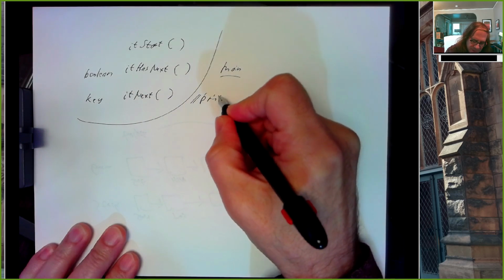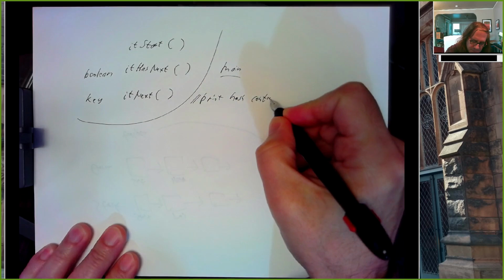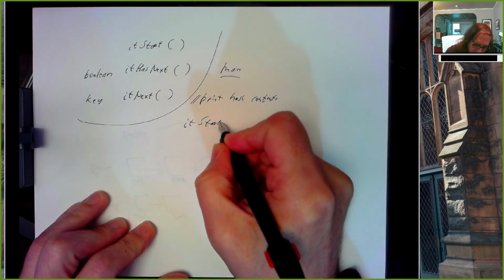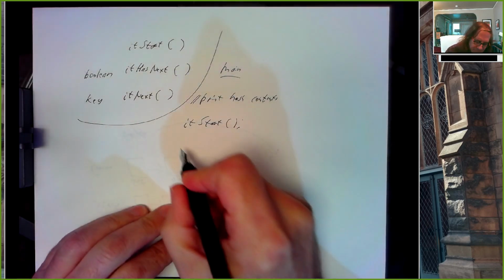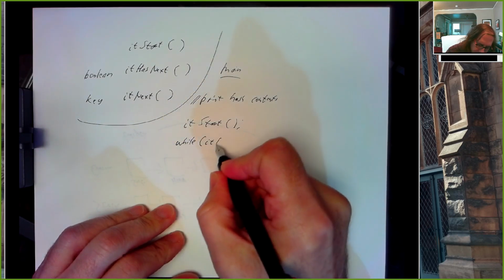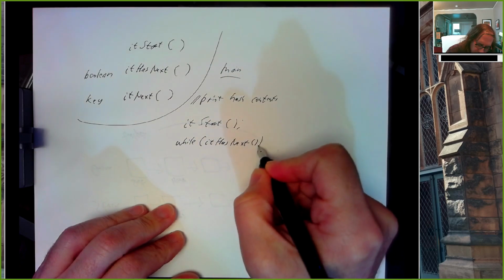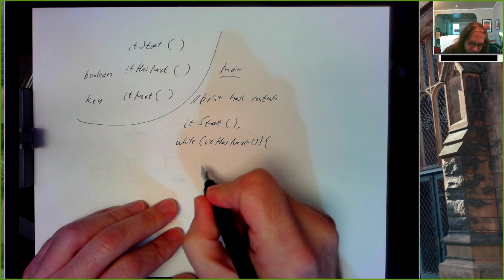And so in our main program, let's say we want to print the hash contents. So we'd initialize our iterator. And then we'd loop while the iterator has something else.